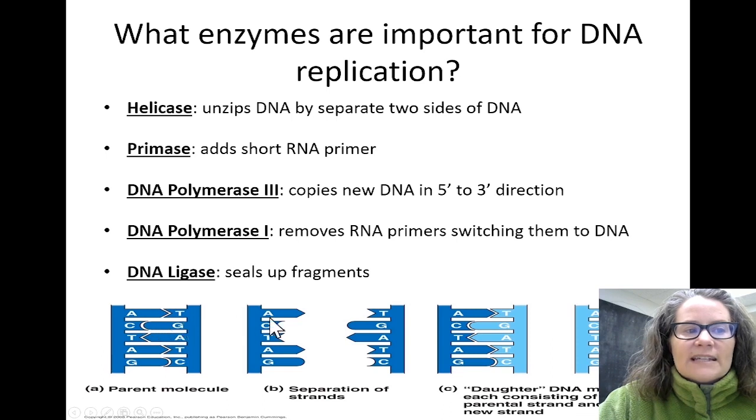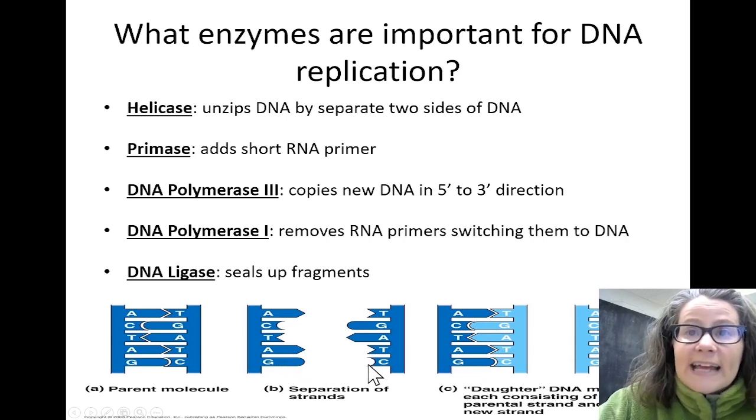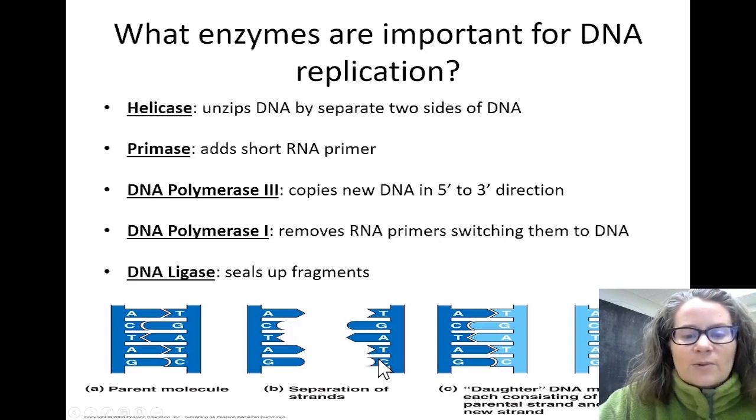If I look down here, helicase has already separated our two pieces in letter B, and so primase would jump on and add an RNA, not DNA, but RNA primer to each of the ends of DNA, and it will be the opposite ends of DNA. Then it will add a short section of RNA.